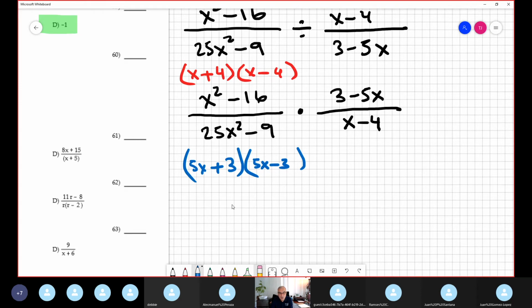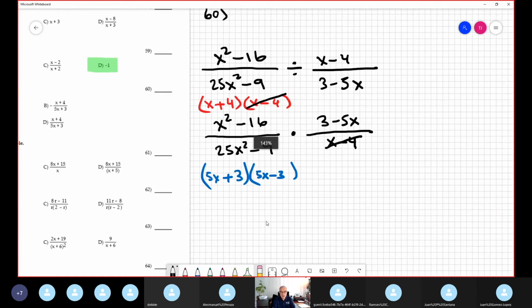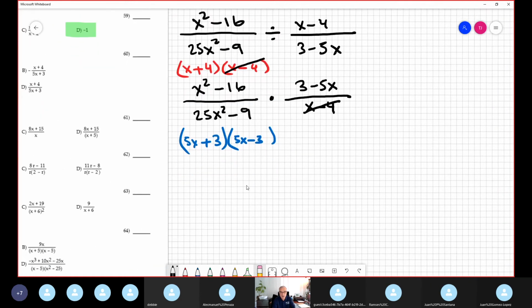Okay, now this is a crucial moment for simplification. Remember, the twin brothers: we can delete x minus 4 and x minus 4. However, we have one family that is not necessarily twin brothers. Let me explain that part in detail. We focus on 3 minus 5x divided by 5x minus 3.